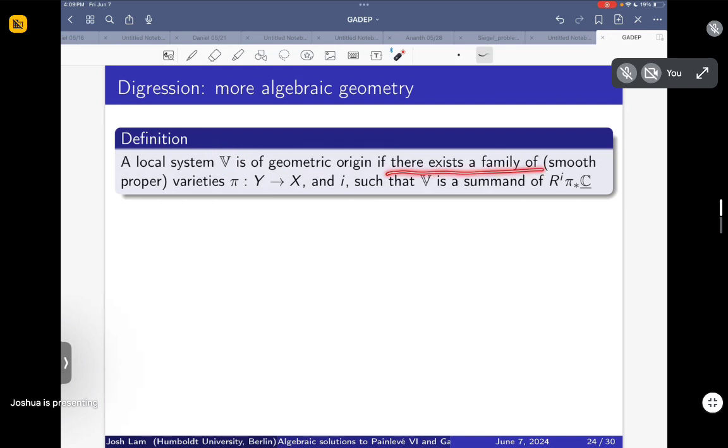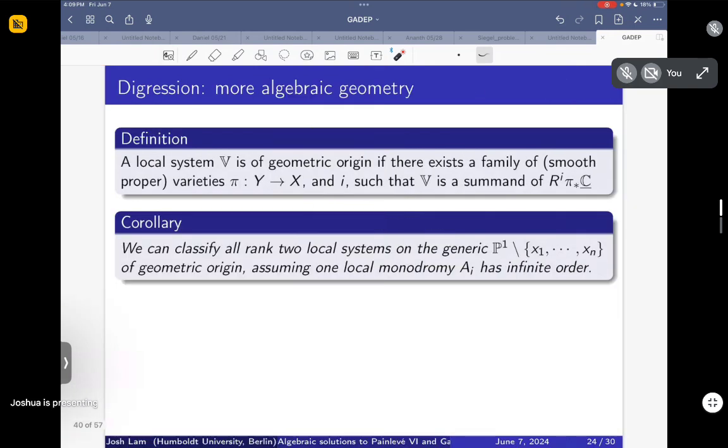In other words, there is a family of algebraic varieties, pi, from Y to X, and V is obtained as the solutions to the Gauss-Manin equations. So V is a summand of this higher direct image. These are very special local systems.